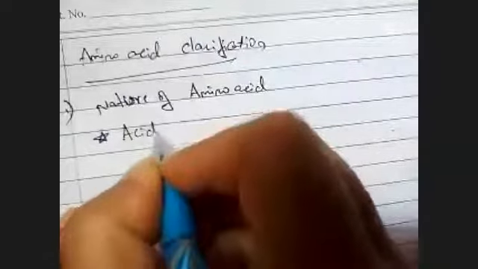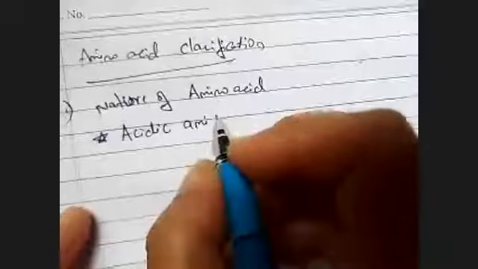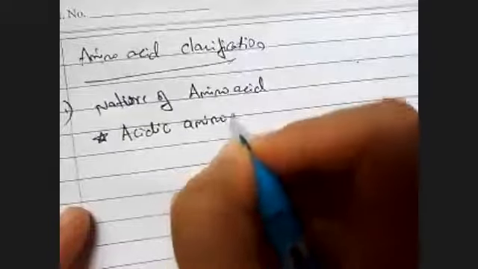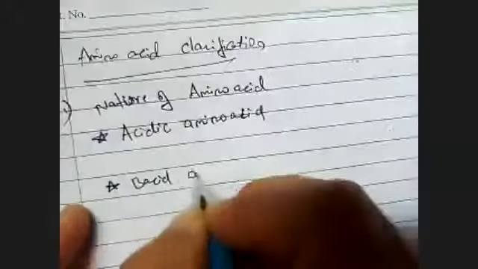We have acidic amino acid, basic amino acid, and third one, neutral amino acid. So based on the nature of amino acids, we have neutral, acidic, and basic amino acid.